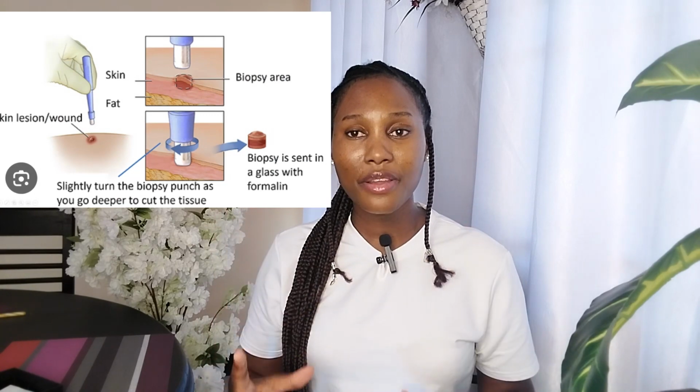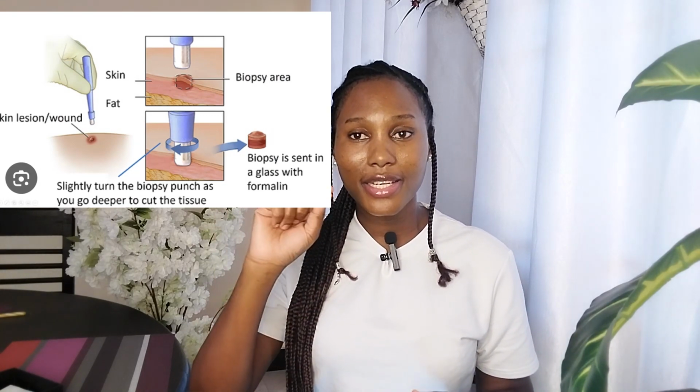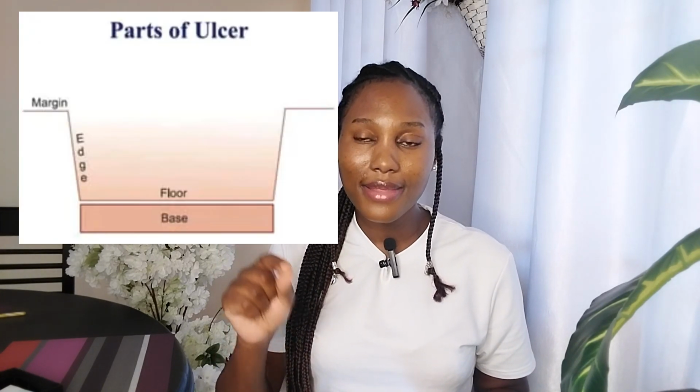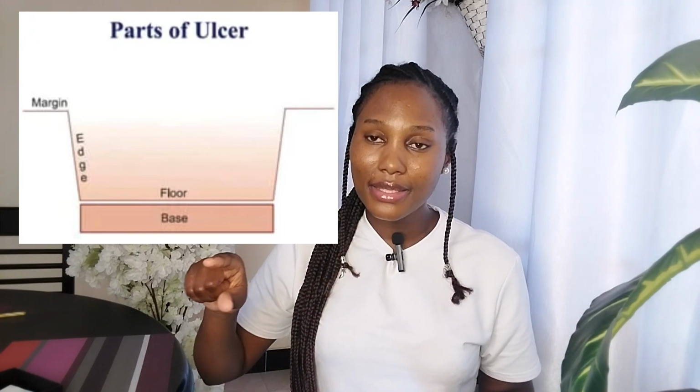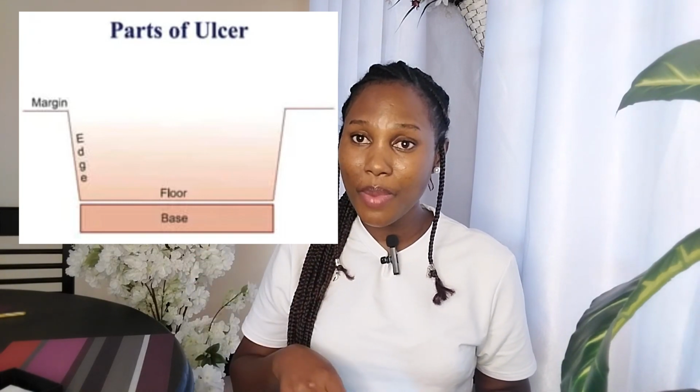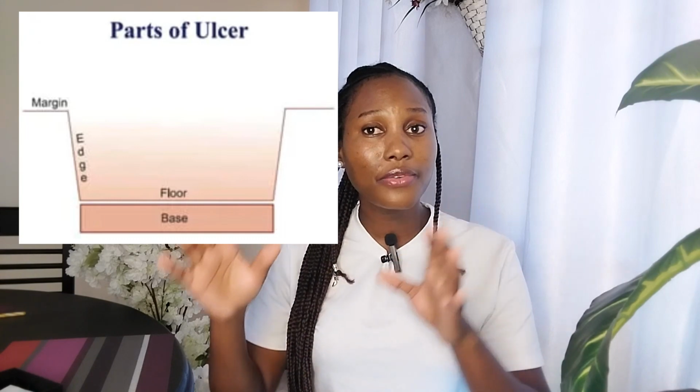When it comes to the investigations, we always do what we call edge biopsy, just like the squamous cell carcinomas. Edge biopsy is essentially taking a sample, a piece of tissue from the edge of your ulcer, that area surrounding the central part of your ulcer, and then we look out for any malignant changes within the cells of that tissue.